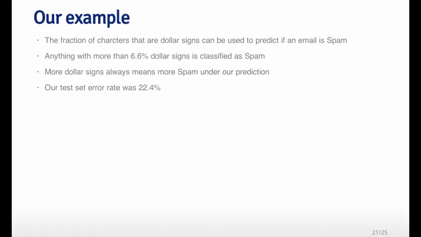So in this example, we might state that the fraction of characters that are dollar signs can be used to predict if an email is spam. Maybe we decide that anything with more than 6.6% dollar signs is classified as spam. More dollar signs always means more spam under our prediction model. And for our model in the test data set, the error rate was 22.4%.